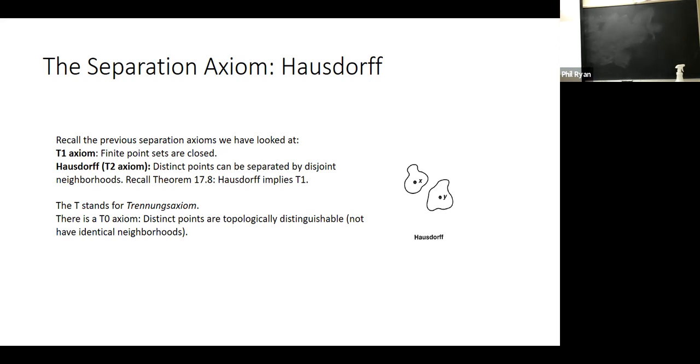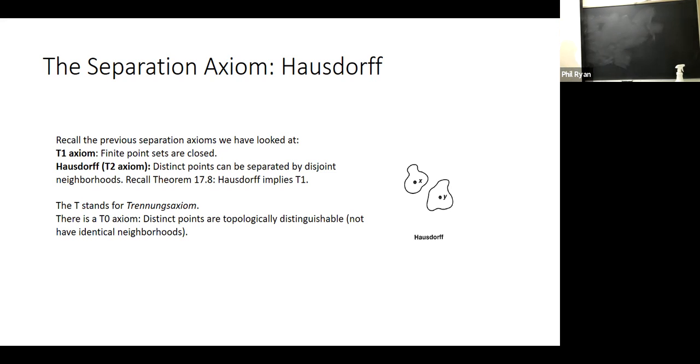This is also known as the T2 axiom, so it's considered stronger than T1. Remember back when we did section 17, we showed that Hausdorff implies T1. The T stands for Trennungsaxiom, so this is 19th century German terminology.